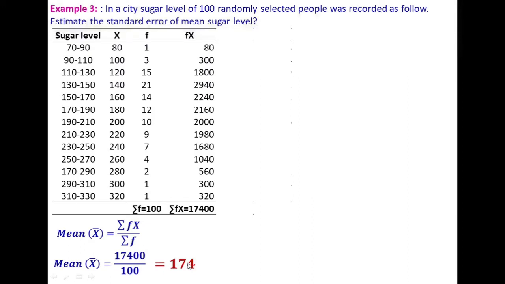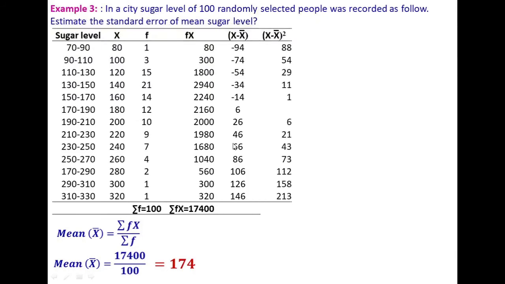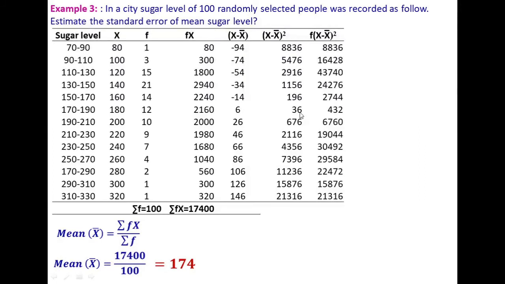100 people. In the next column, we will calculate the deviation of this mean value, followed by the squaring of this value, and then we will multiply the frequency with this squared deviation. And the summation of product of x with their squared deviation is 2,42,000.